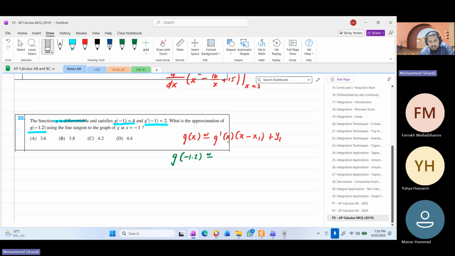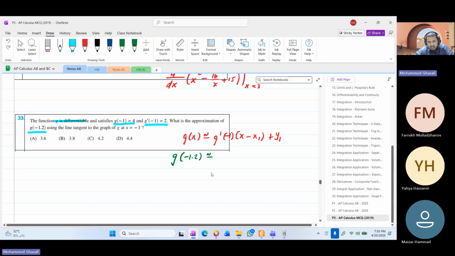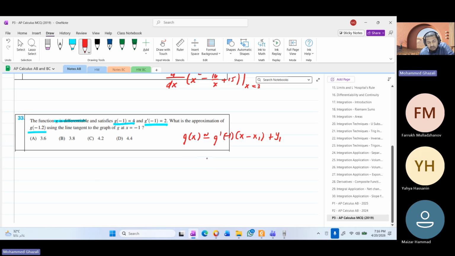So you are finding g prime of -1, and you are evaluating it at x equal to -1. Okay, wait, 1 second. We shouldn't jump directly into this. First, find the approximation. So you're going to say g prime x, all right? That's your formula.